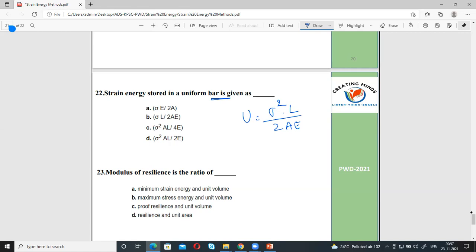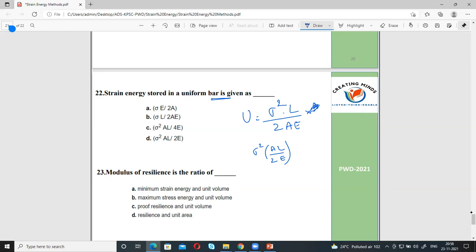It's option D. So what is in option D? Sigma square AL by 2E. If you multiply and divide by A, 2E, how does it go to A in the denominator?